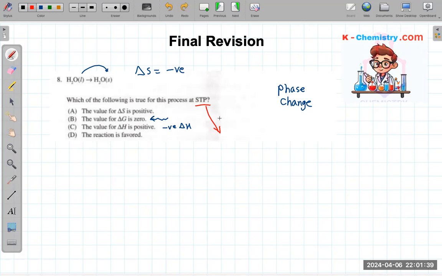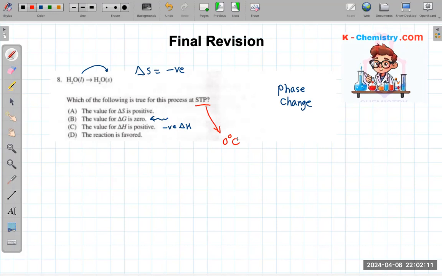22.4? No, 22.4 is the molar volume. But what is our temperature? Our temperature is 0 degrees. Isn't this the temperature that the freezing happens?